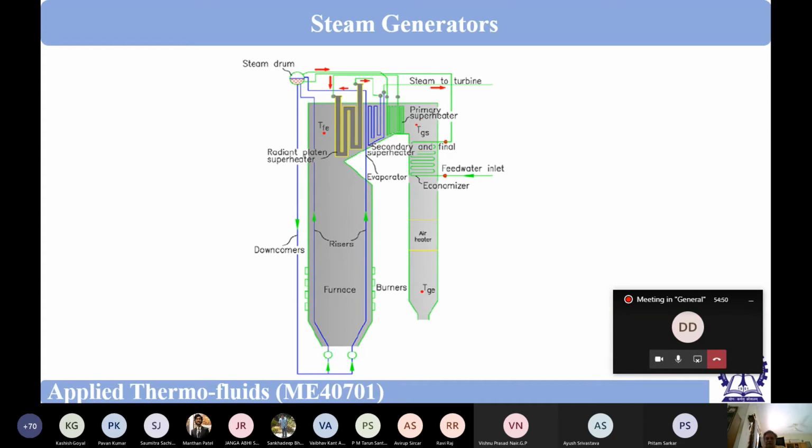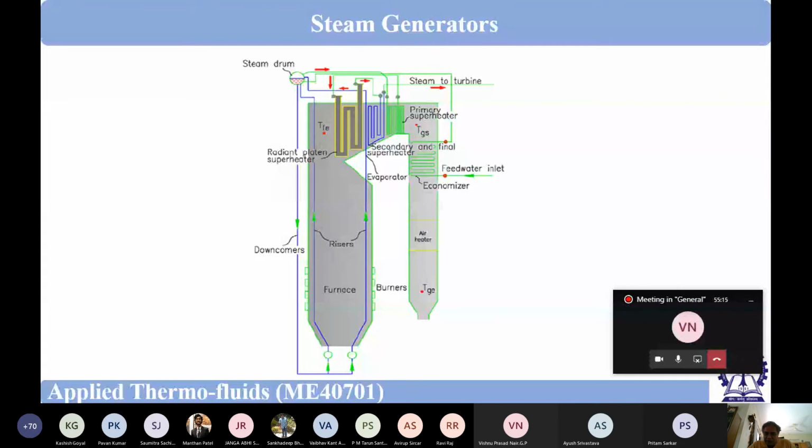So, the water and steam part of the boiler, which is a subcritical boiler, I have described. The main feature is that there will be a steam drum, there will be an economizer, and there will be an evaporator which includes the steam drum.